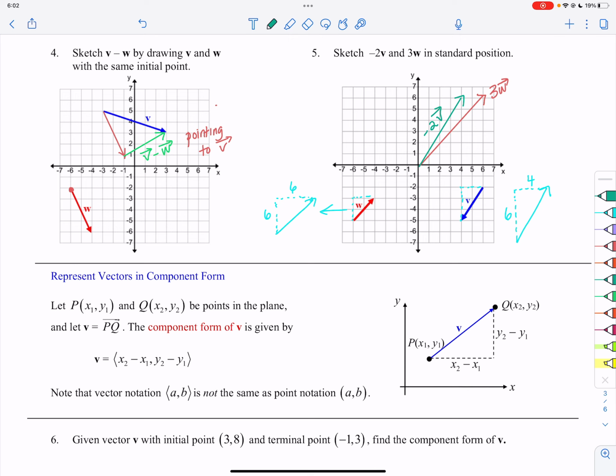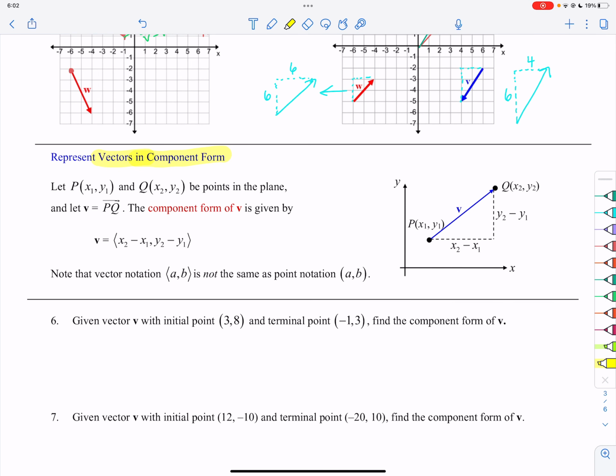Okay, now let's represent vectors in component form. So we have 2 points in the plane P and Q, and we're going to let vector V have its initial point at P and its terminal point at Q. The component form of vector V is given as x2 minus x1 as the x component and y2 minus y1 as the y component.